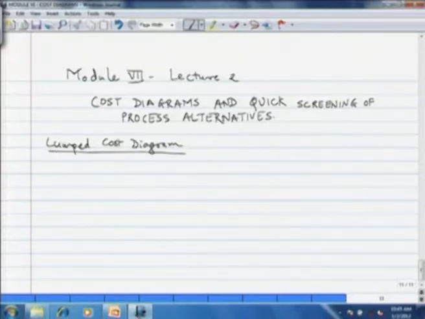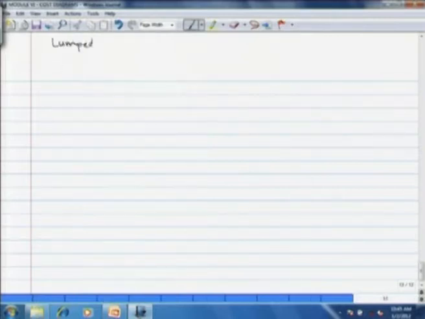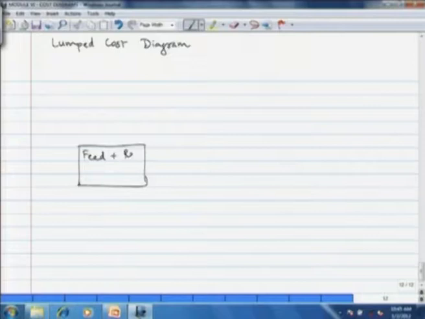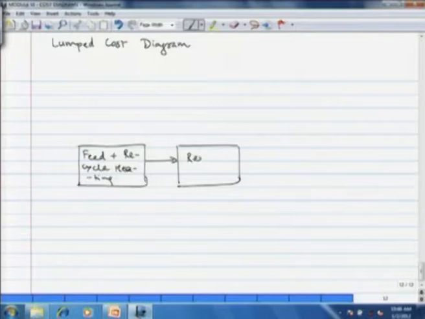What we do now is draw boxes that correspond to the operations that I just mentioned. We have feed plus recycle heating, then the reactor, then product cooling.